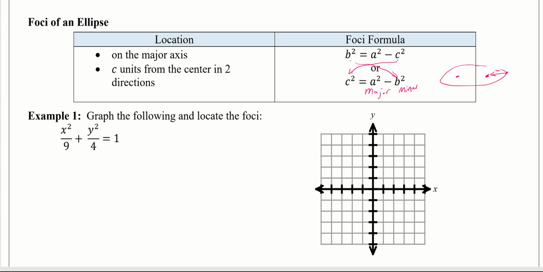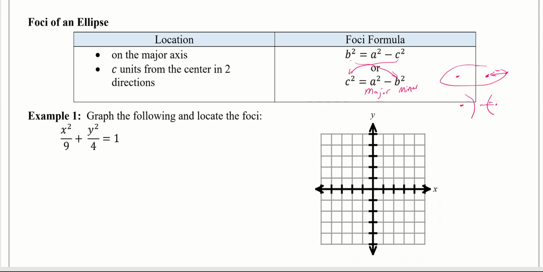We'll see in the next sections with the hyperbola, our hyperbola looks like this, and the foci is further out. So I like to do addition because it makes it go further. That's one way that helps me know that the foci is a subtraction problem.